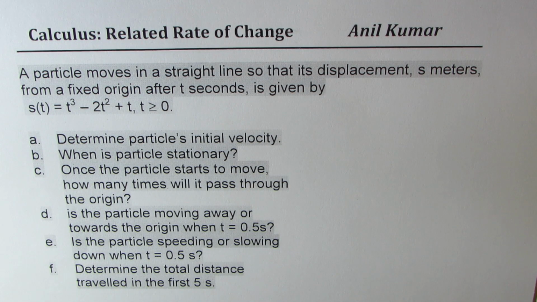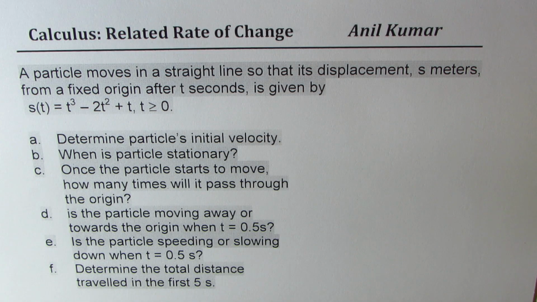A. Determine the particle's initial velocity. B. When is the particle stationary? C. Once the particle starts to move, how many times will it pass through the origin? D. Is the particle moving away or towards the origin when t equals 0.5 seconds?